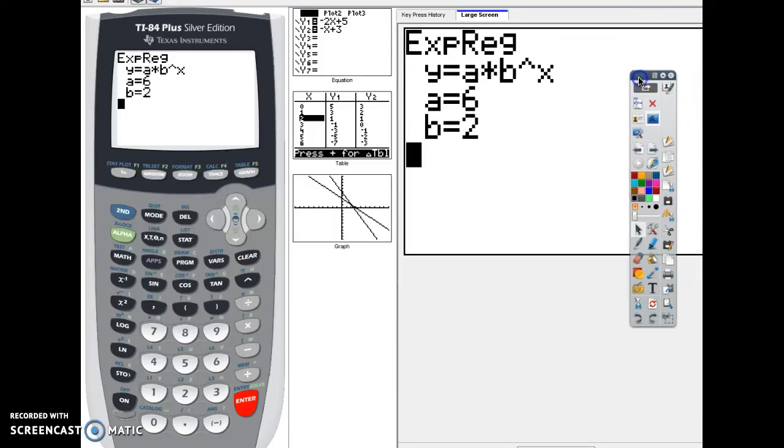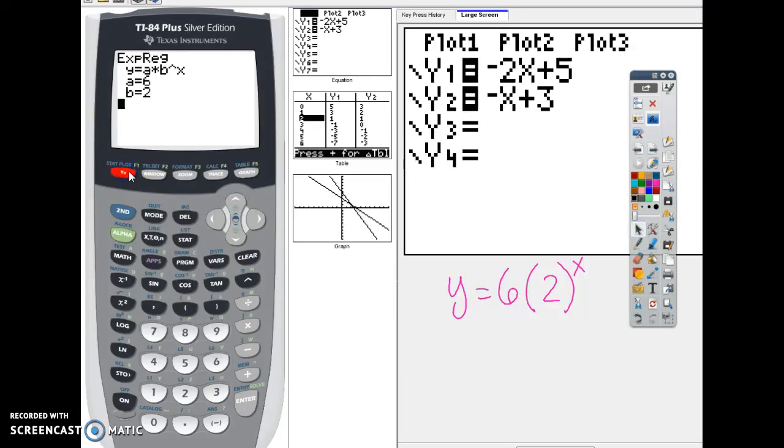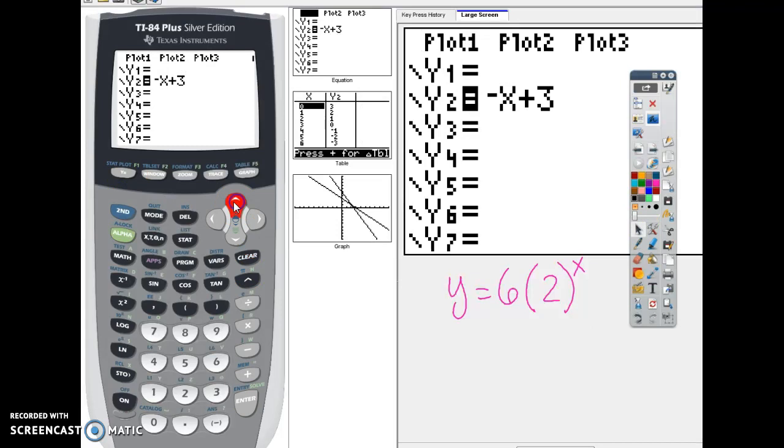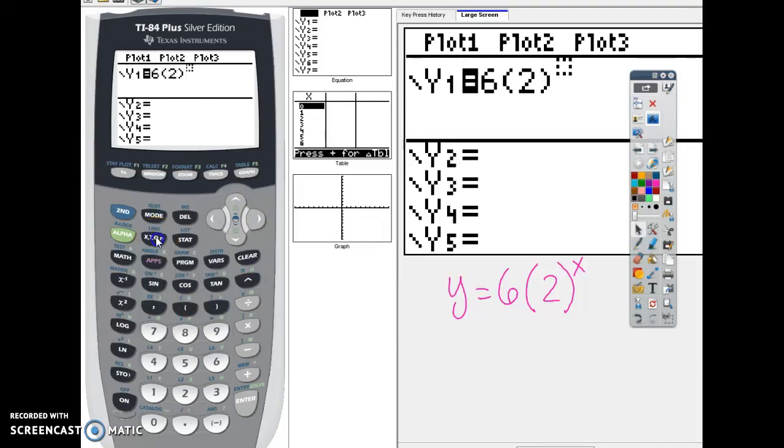Okay, so that gives me the equation, and the equation is y equals 6 times 2 to the power of x. So write that down. Then we're going to put this in y equals. Clear whatever you have in there. We're going to put 6 parentheses 2 close parentheses to the power of x.